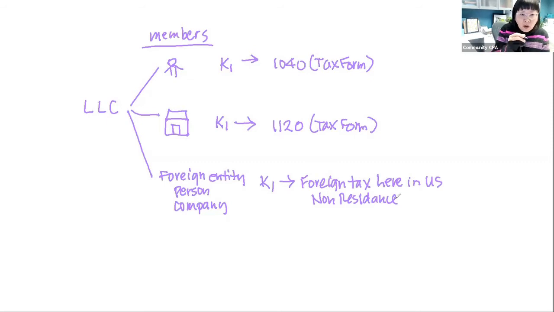Okay, so an LLC doesn't have to have any person. Let's say I am a person and owner of this corporation, and this corporation takes the other business's, the LLC's, income into here, and this corporation pays taxes right here.